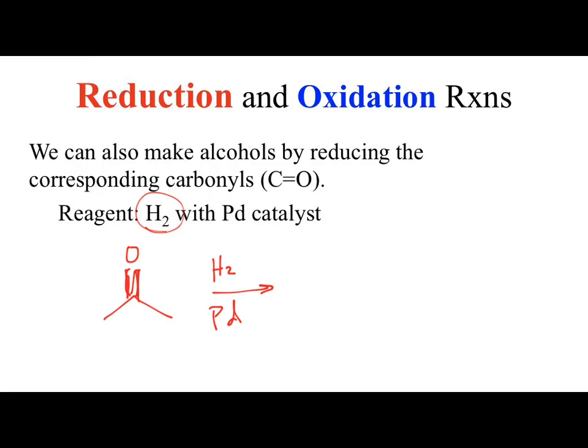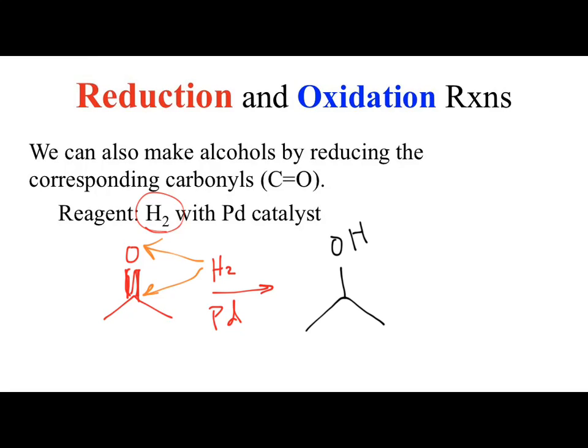Hydrogen reacts with double bonds. So we'll add a hydrogen to each atom of our double bond. What do we get? A secondary alcohol known as isopropanol, or 2-propanol, or 1-methyl ethanol.